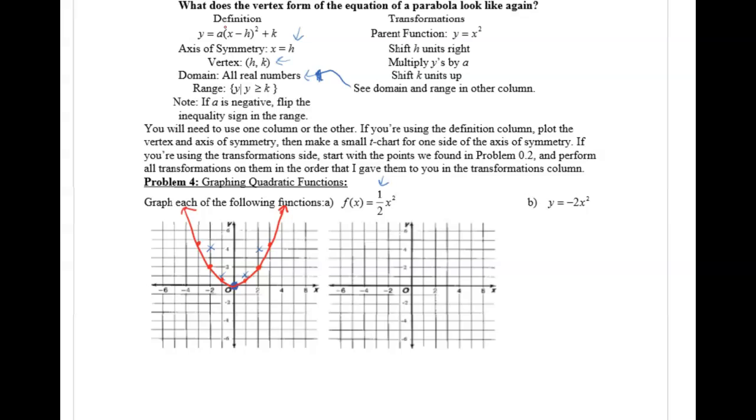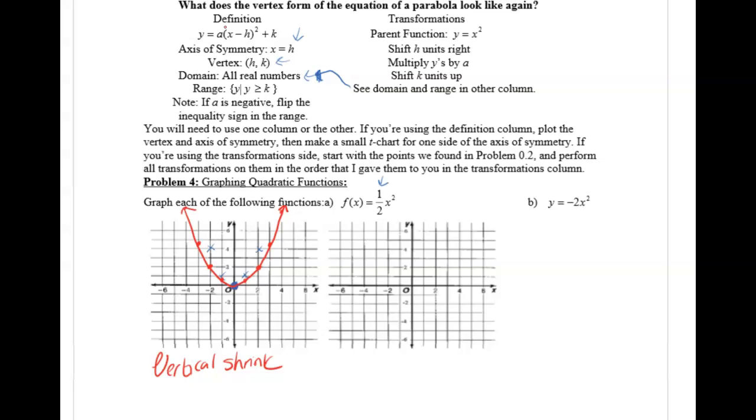Alright, so what ended up happening is we had an a that is smaller than 1. So the transformation that just happened here is a vertical shrink. And it's vertical because it affected the y values.